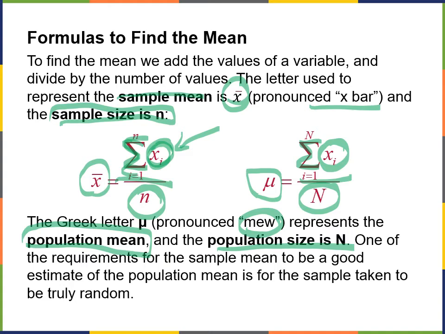We're going to see a lot. X bar, sample mean, mu, population mean, lowercase n, number of values in your sample, capital N, number of values in your population. Okay? But you calculate this mean simply by adding everything up in either your sample or your population and then dividing by its total number.